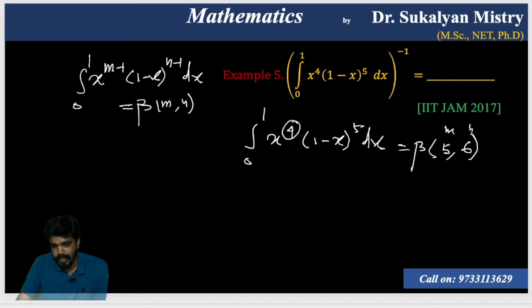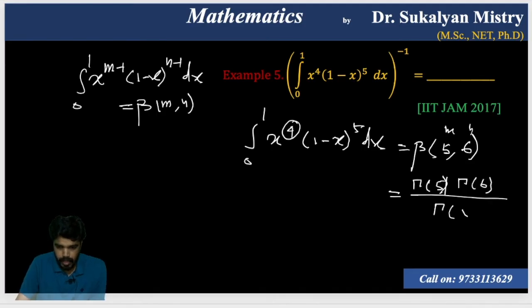Now we know that beta m, n is equal to gamma m into gamma n divided by gamma of m plus n, that is gamma 5 into gamma 6 divided by gamma of 5 plus 6.